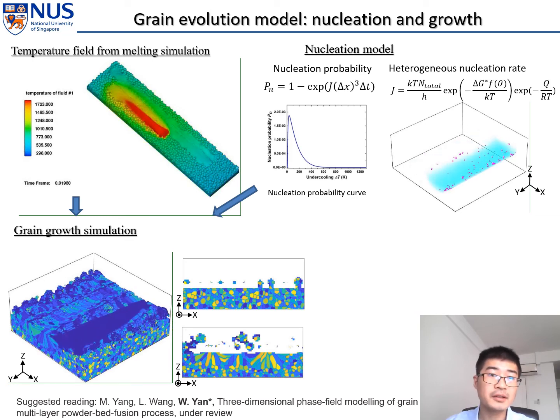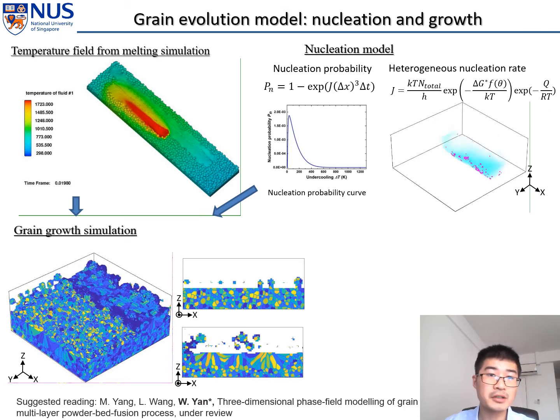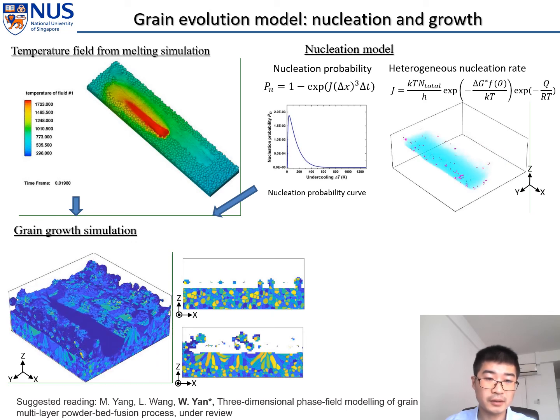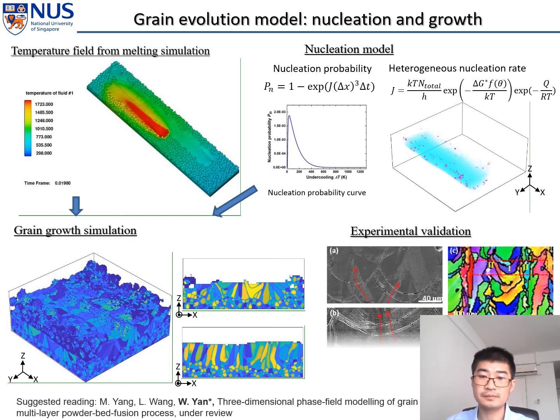You can see this is a simulation for multi-layer multi-track grain growth, and this is a 3D view of the nucleation sites at different tracks, and this is a cross-section view of the grain growth, and you can see the growth of columnar grains, and also the remelting of the previously solidified grains. We compared this model against experiments, and they agree relatively well.